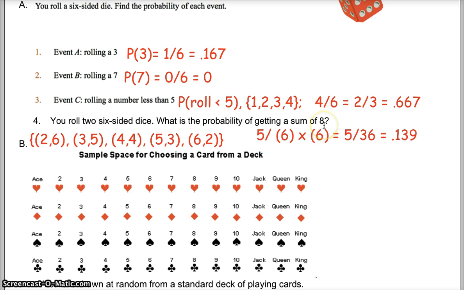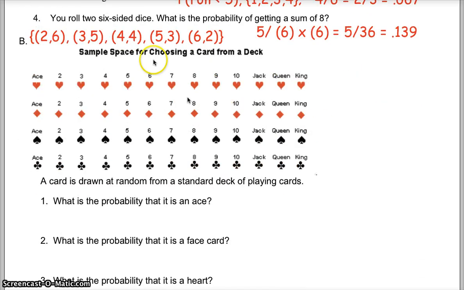Now I'd like to switch gears from looking at a 6-sided die and talk about a deck of cards. I've shown for you in this graphic the sample space for choosing a card from a deck. And the sample space is just all the possible outcomes.